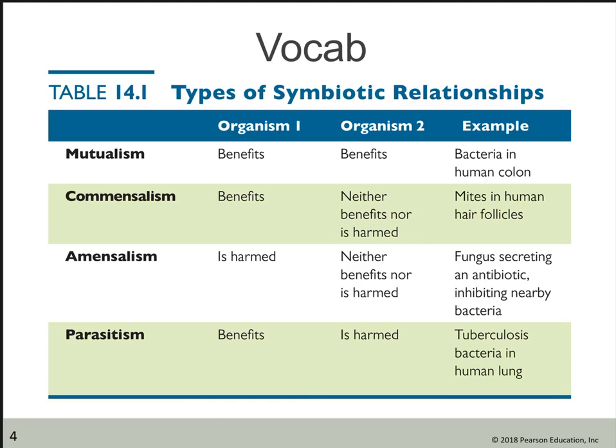A great example is many of the potentially pathogenic microbes that we will be discussing for the rest of this class, including tuberculosis. This is a bacteria that's found in the human lung. It causes disease in the human lung, and it benefits from living there by gaining a great environment to survive.